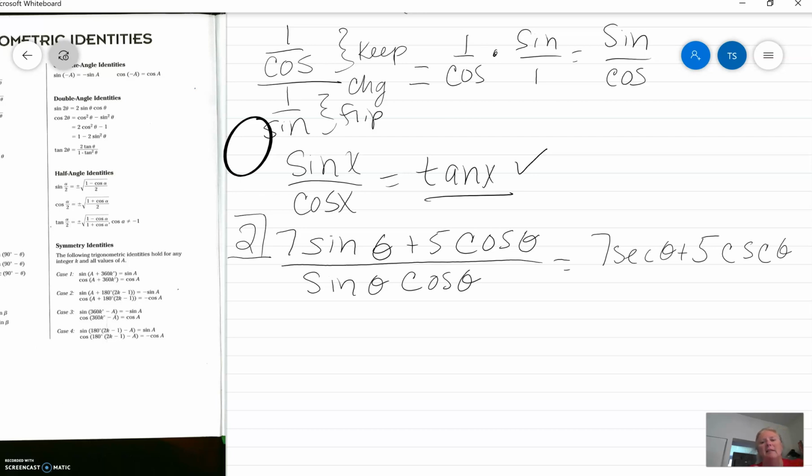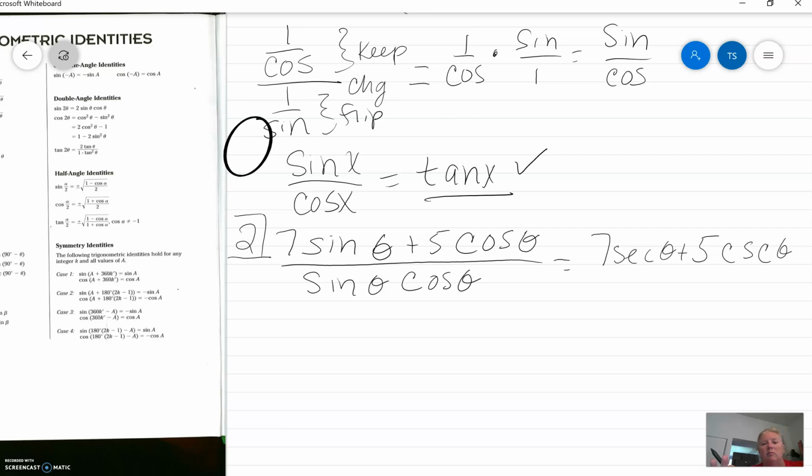When I see this, I think, oh my goodness, what am I going to do with that? Well, I have a sum over a single denominator, so let's split it. I see sine on top and sine on bottom, cosine on top and cosine on bottom, so stuff can cancel, but I can't cancel it right now. Let's get it to where we can do some canceling.